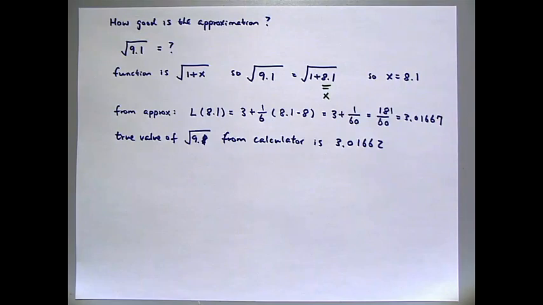Okay, so that's a reasonably good approximation. We're only off by 0.0005 out of 3 point something. Depending on what purpose you're doing this for, that could be an error that you can ignore, depending on, again, what the application is.